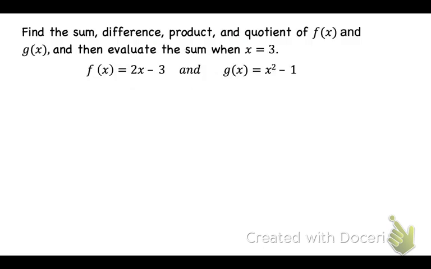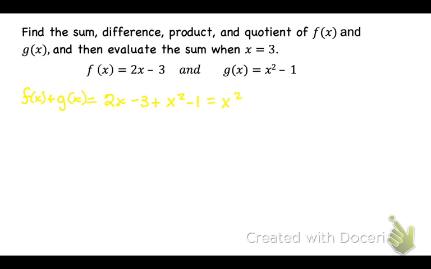Okay, find the sum, difference, product, and quotient of these two functions. So f of x plus g of x. So what do I do to them? It says f plus g. Just add them. I'd have 2x minus 3 plus x squared minus 1. And then I would combine like terms.